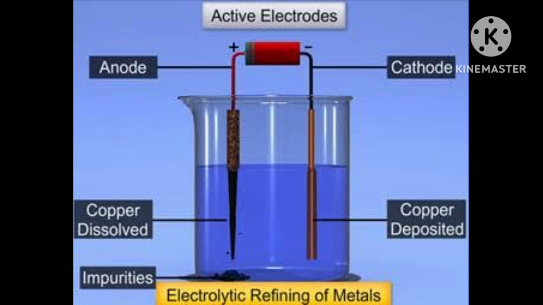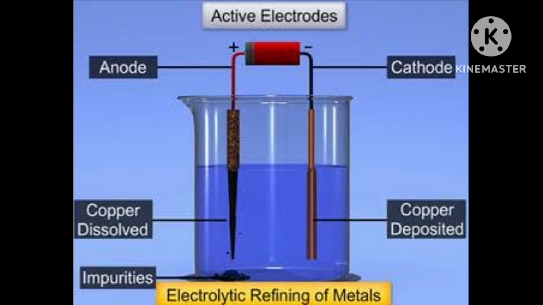The charge passed through the electrolytic cell during electrolysis is equal to the product of current in ampere and time in seconds.